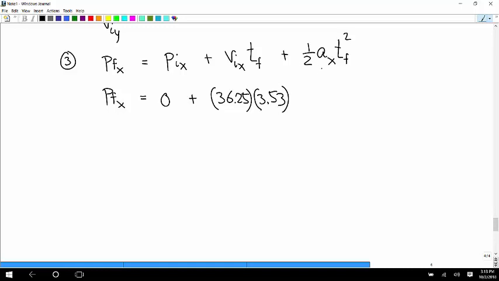What's AX? 0. So be careful with that. It's really easy to put in negative 9.81 for that, but remember the X and Y components of acceleration are different, and the X component is 0. So this all goes away. And the answer is just going to be 36.25 times 3.53, which is 127.96 meters.